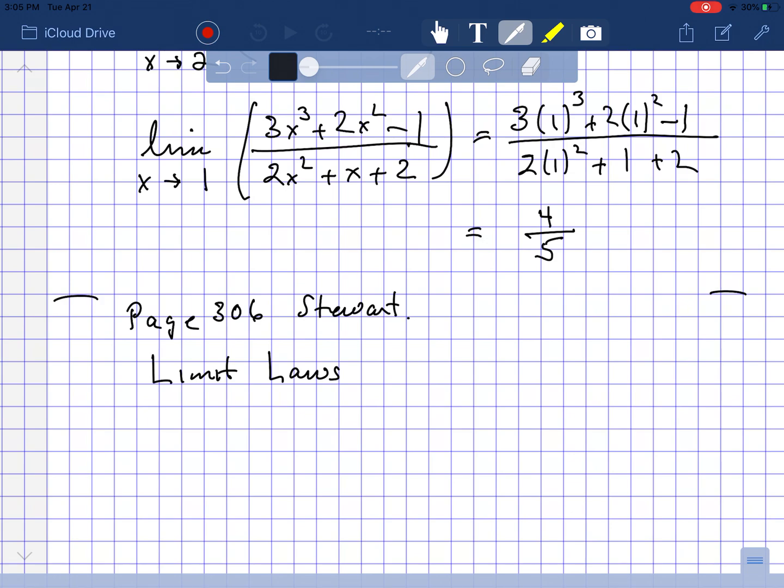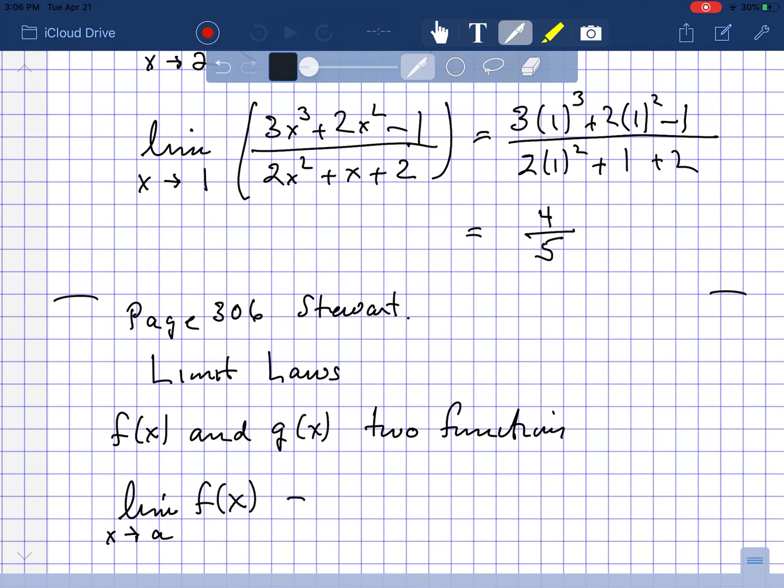And they're the following. Suppose I have two functions, f of x and g of x. And suppose that the limit as x approaches a of f of x is equal to some number L, and the limit as x approaches a of g of x is equal to some number m.